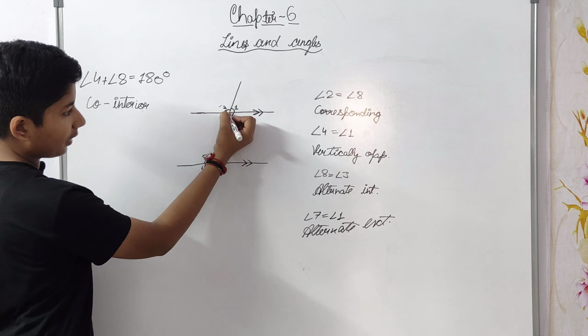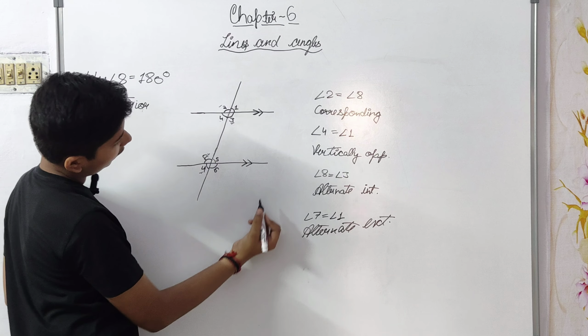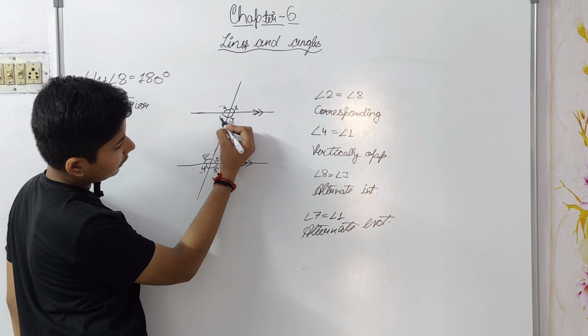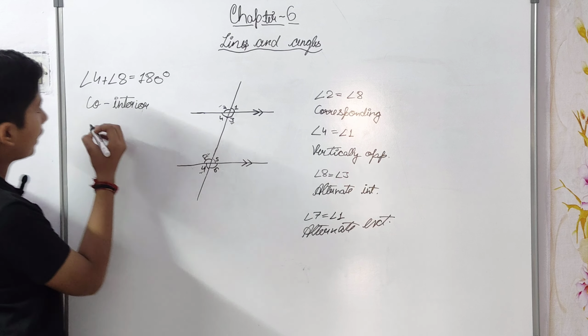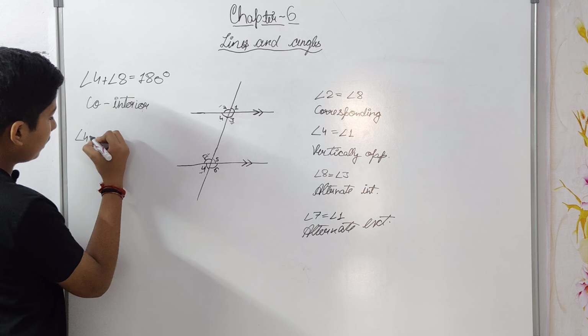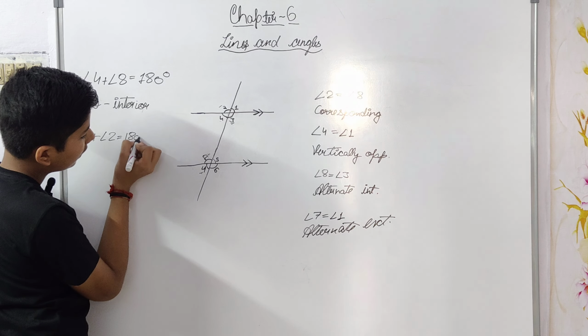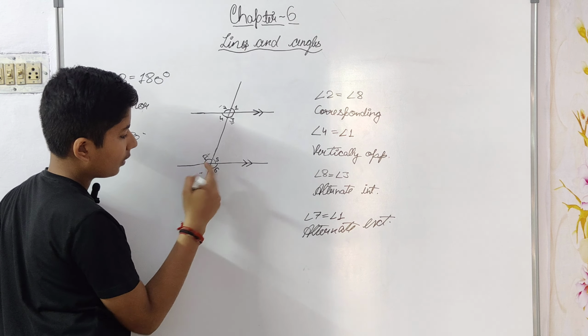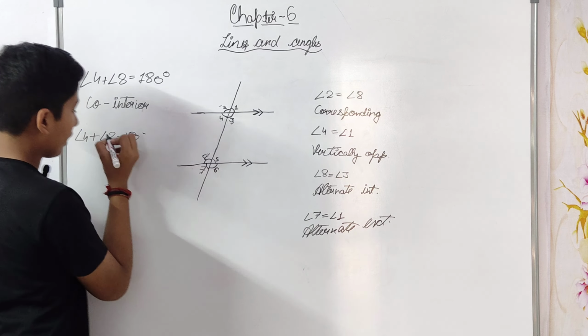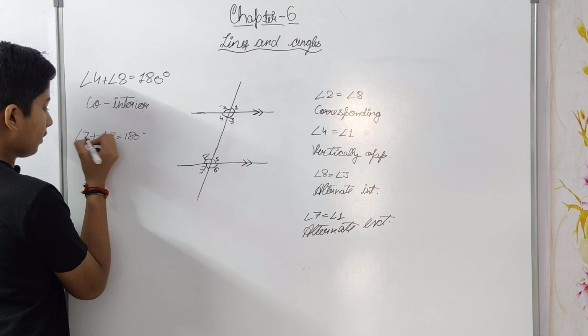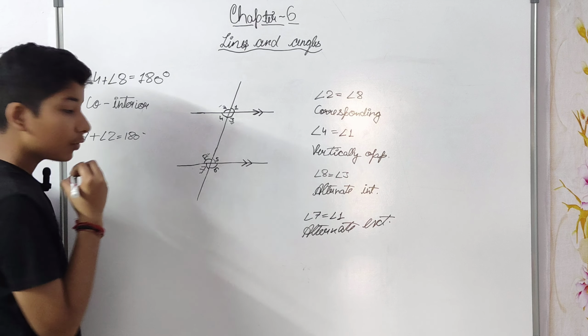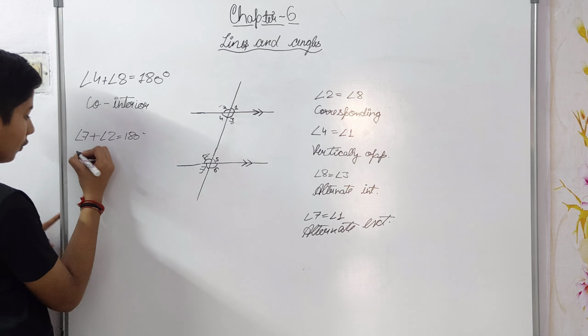Angle 4 is here, angle 2 is here, but angle 4 is equal to this one, so angle 4 and 2 again make 180. Angle 4 plus angle 2 equals 180 degrees. Firstly this was 7, no? So angle 7. I will write co-exterior.